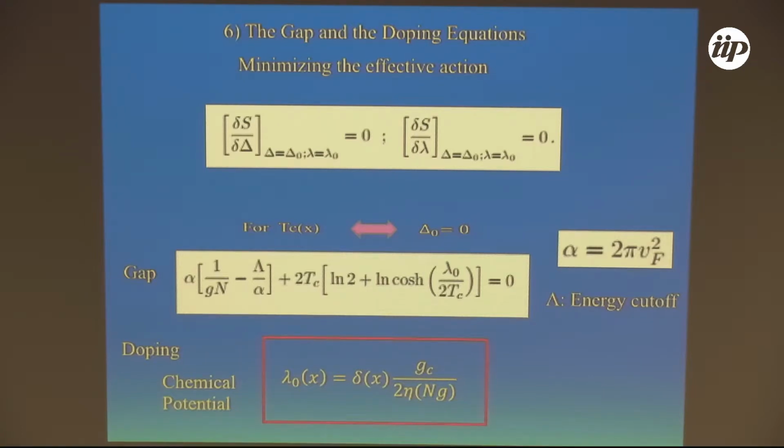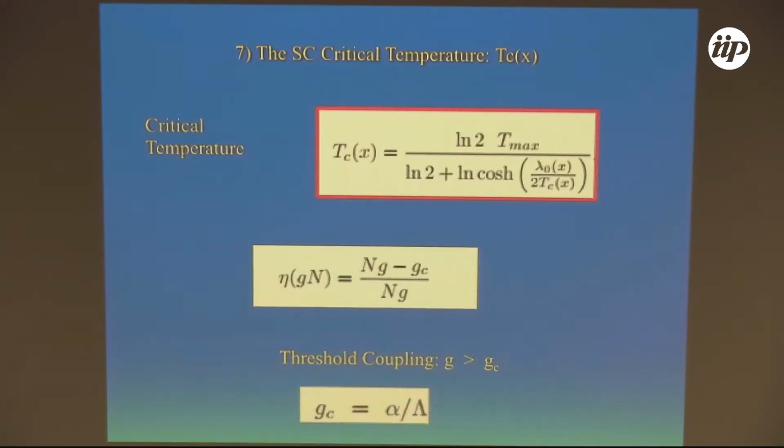And the doping equation gives this relation between the chemical potential and that delta function. Observe here I have a certain lambda, which is an energy cutoff, and a certain alpha, which is expressed in terms of a characteristic velocity. I'm going to specify soon.